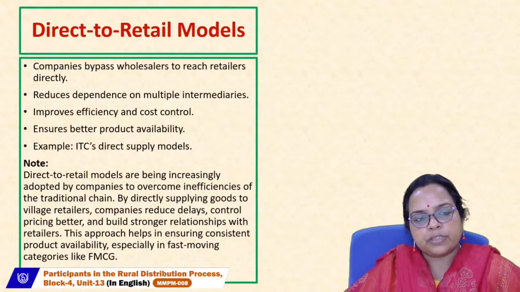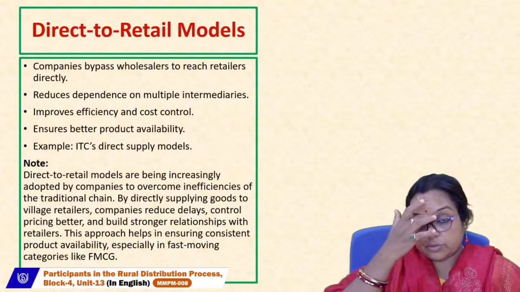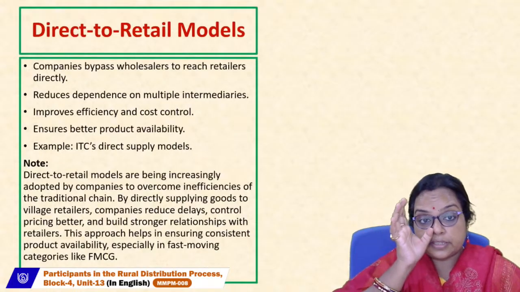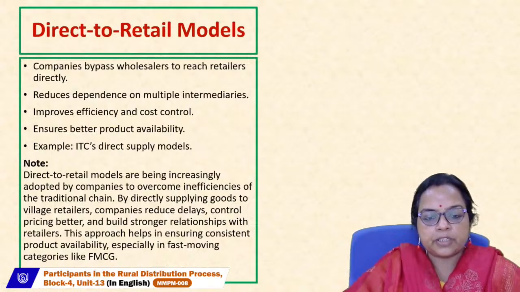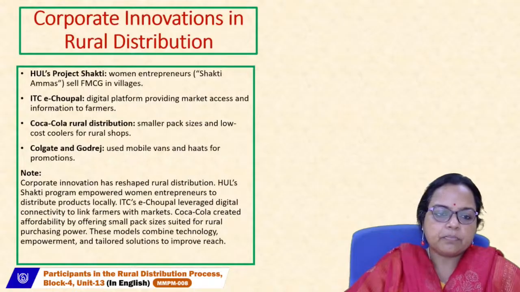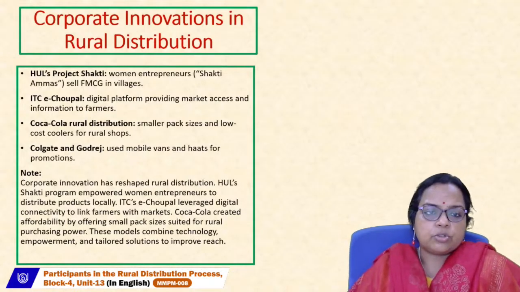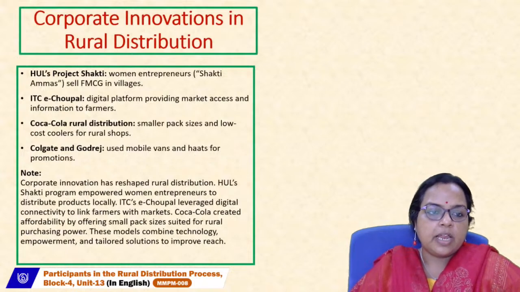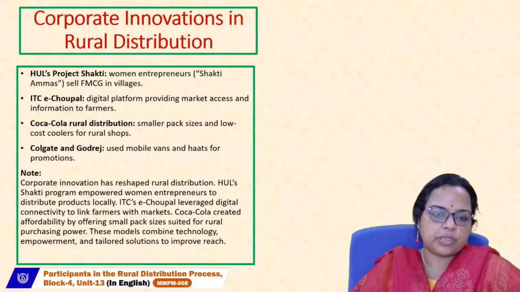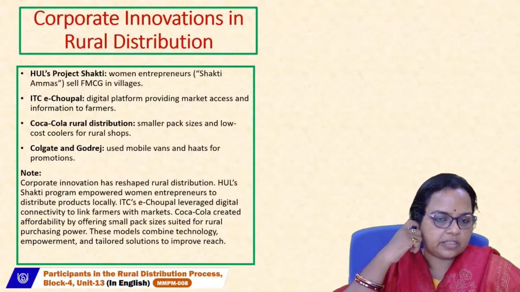So they have come out with an innovative one called the direct to retail model, where they directly reach the retailers and avoid the stockist and other intermediaries. Beyond that, there are also corporate innovations in rural distribution, like HUL's Project Shakti, where HUL empowered women through the Shakti Amma project to sell FMCG in villages.